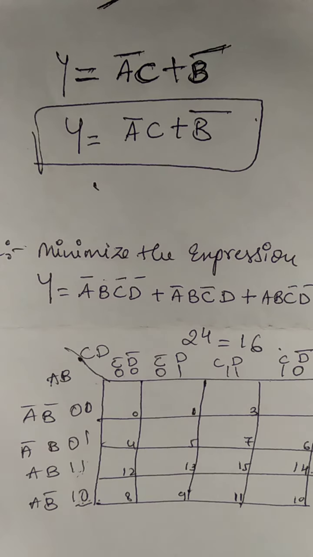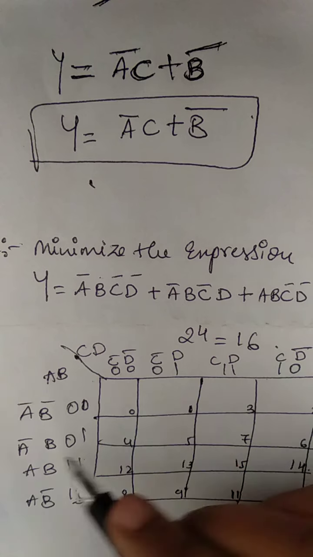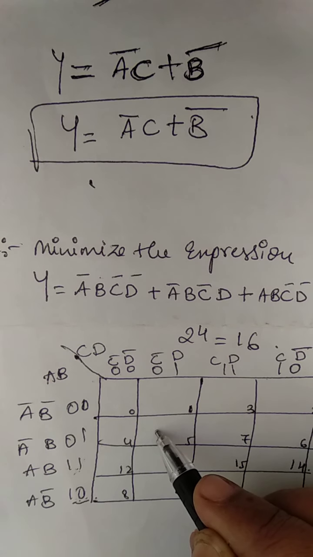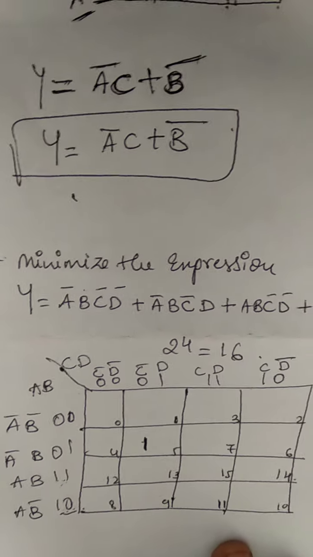First, A bar, B, C bar, D. So first A bar, B, C bar, D. It will come over here. So 1.